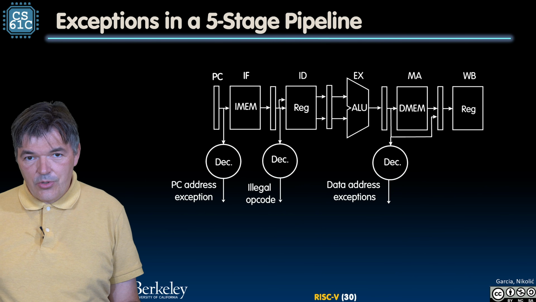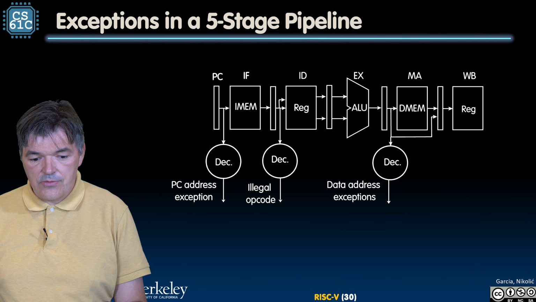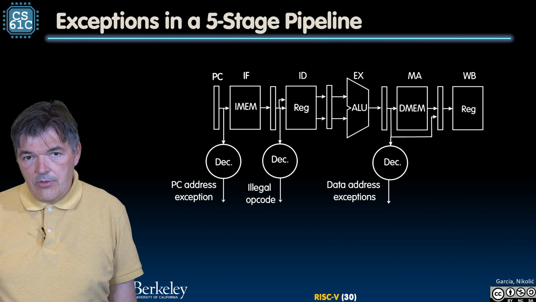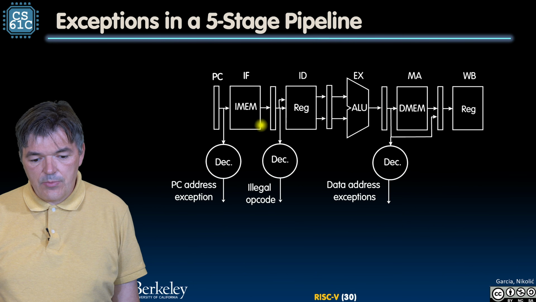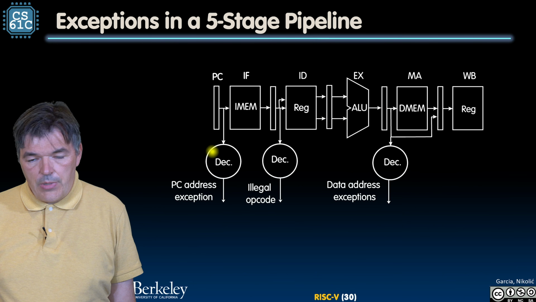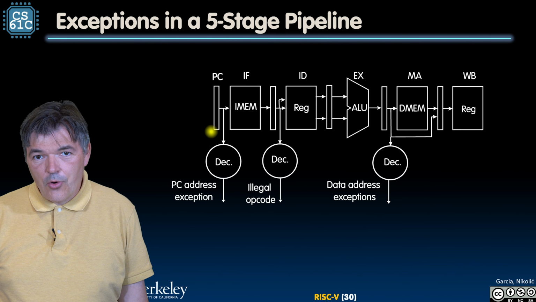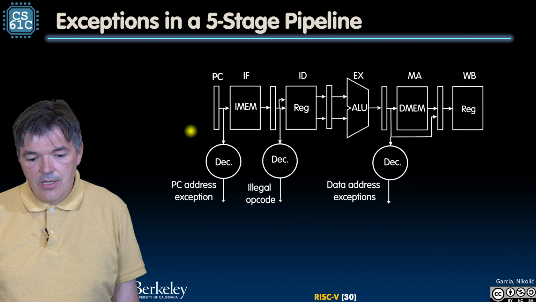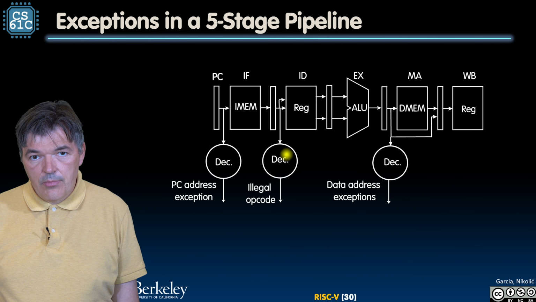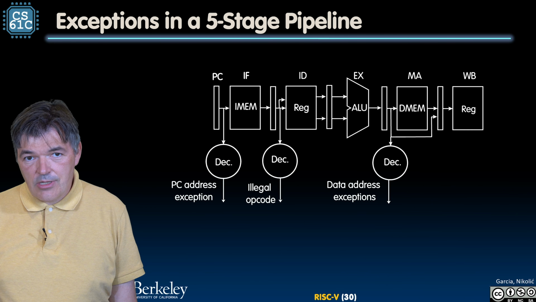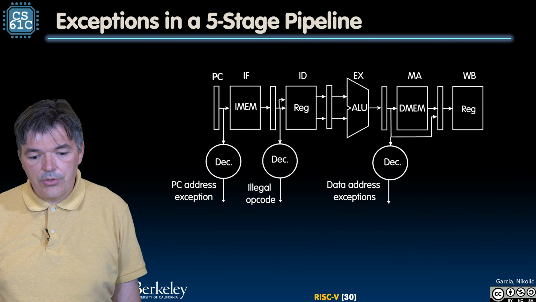Okay, a little bit more of a view of how these things can happen, and they can happen in different stages. For example, here are a few exceptions that may happen in a 5-stage pipeline. Perhaps we may end up addressing the wrong instruction space, so we can have a PC address exception. Or we may be trying to execute an illegal instruction by having a wrong opcode.